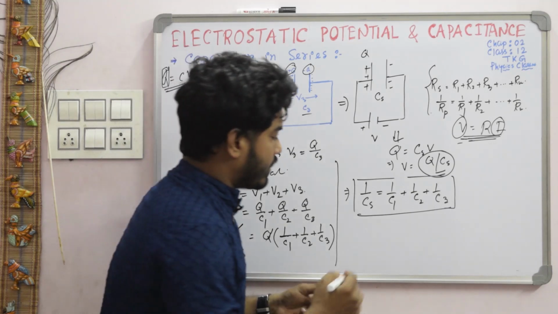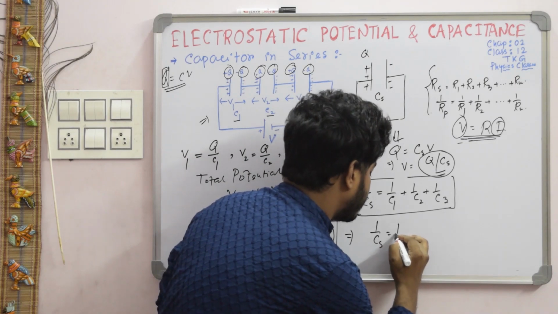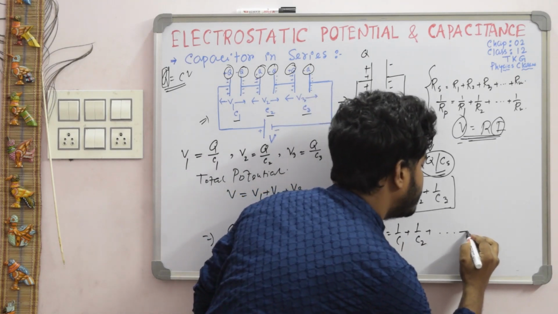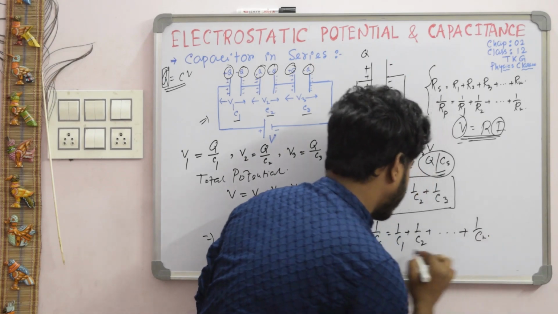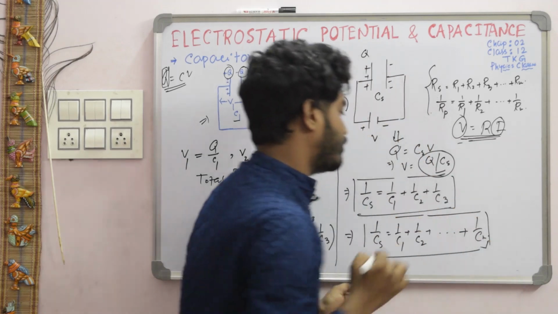For n number of capacitors, this formula becomes 1 by CS is equal to 1 by C1 plus 1 by C2 up to plus 1 by Cn. So just check one point.